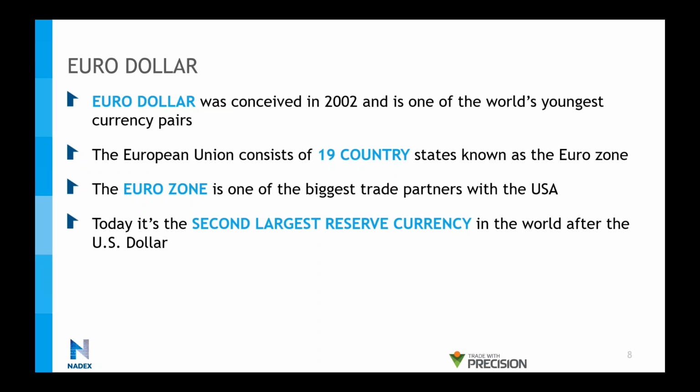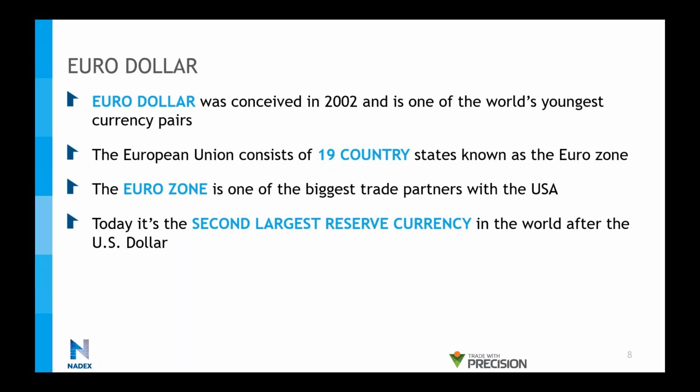And just by combining all those currencies into the euro, you can easily see why the Eurozone is one of the biggest trade partners with the United States. Obviously, China also plays a major role here, but this combined monetary union within Europe, the Eurozone, is definitely one of the largest counterparts for the United States when it comes to trading.